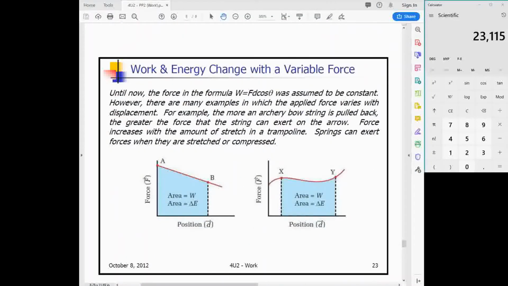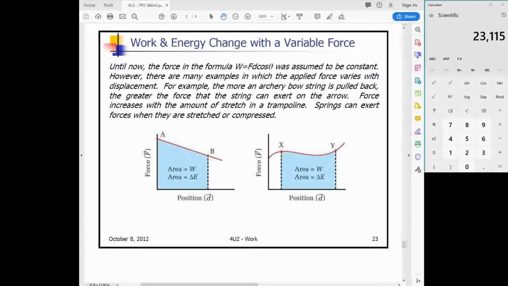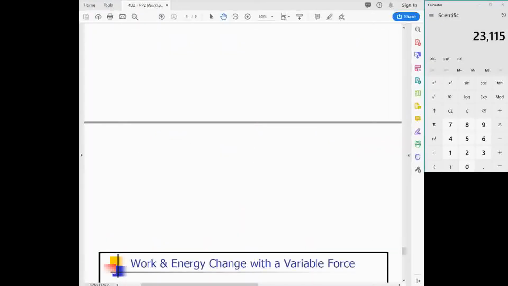Now, another way to calculate work and energy is through the use of a force position graph. Now, with a force position graph, the area underneath the curve represents the work that was done. So sometimes we have force position graphs for certain devices.